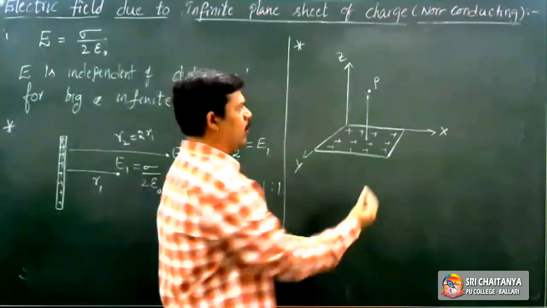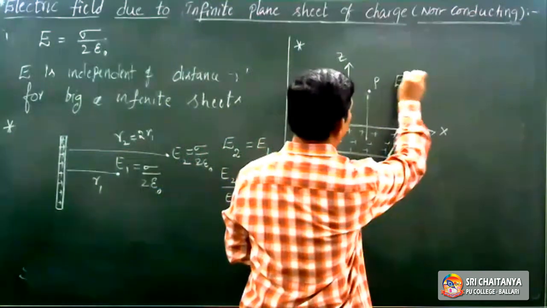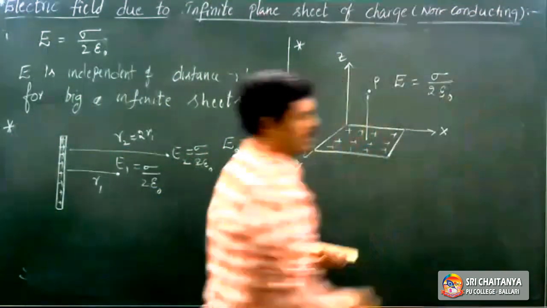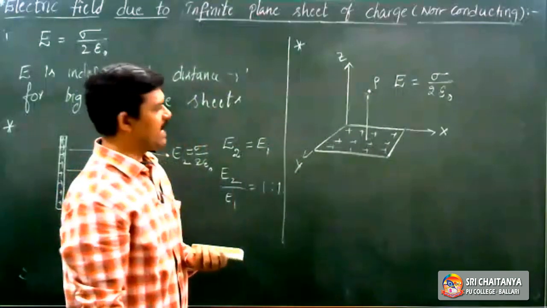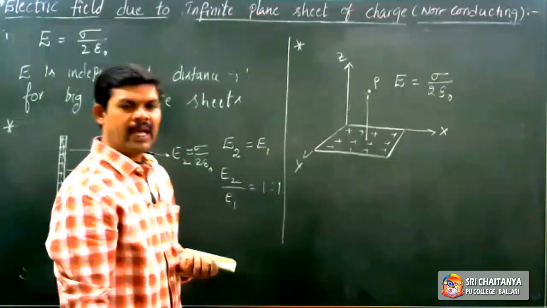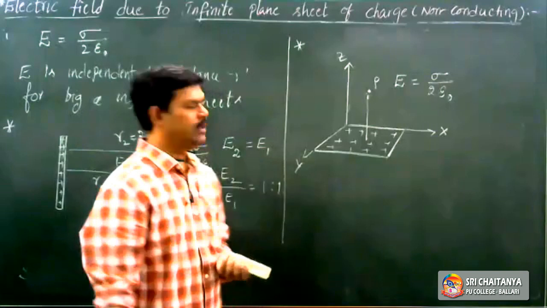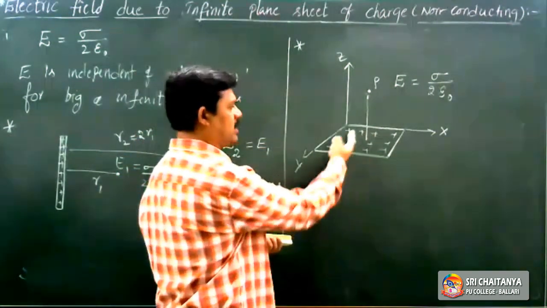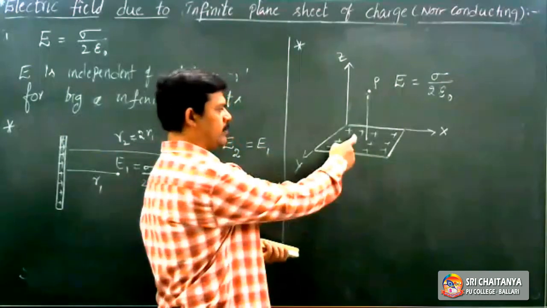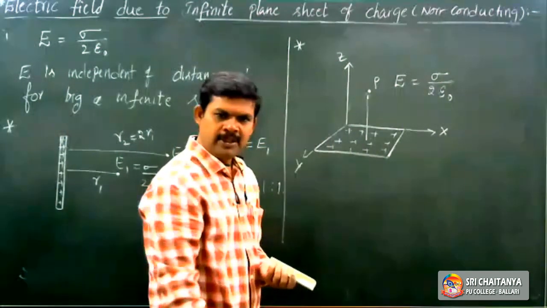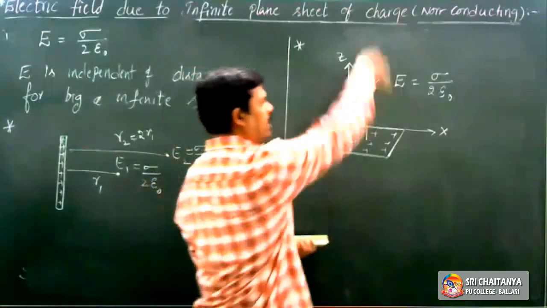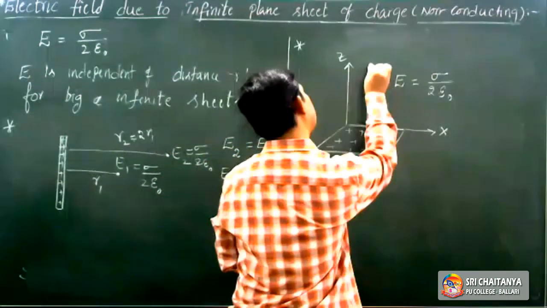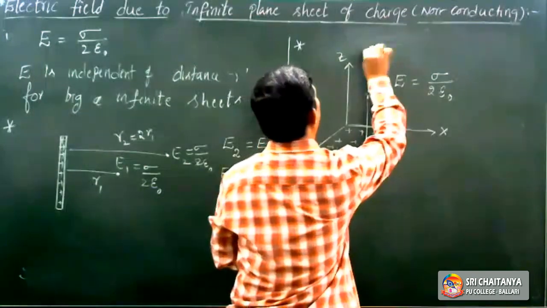Whenever you are asked what is the expression of the field, E is equal to sigma by 2 epsilon naught. Sometimes they ask the field along with its direction. So whenever you are asked direction, what to see? What charge is present on it? Positive charge. For positive charge, it is away, outward. So this is the direction of the field.